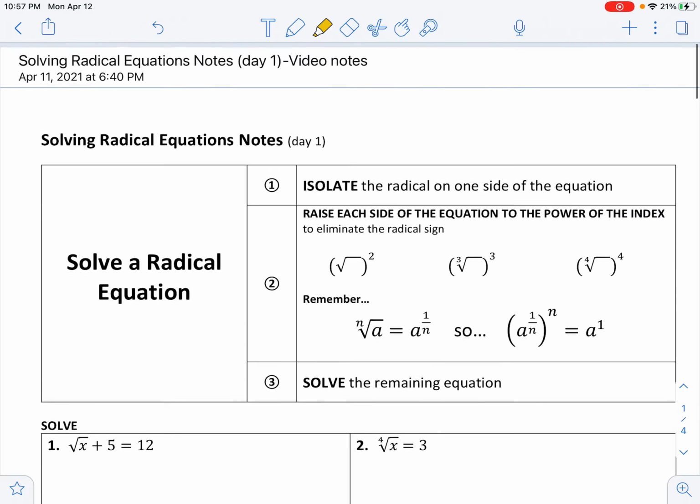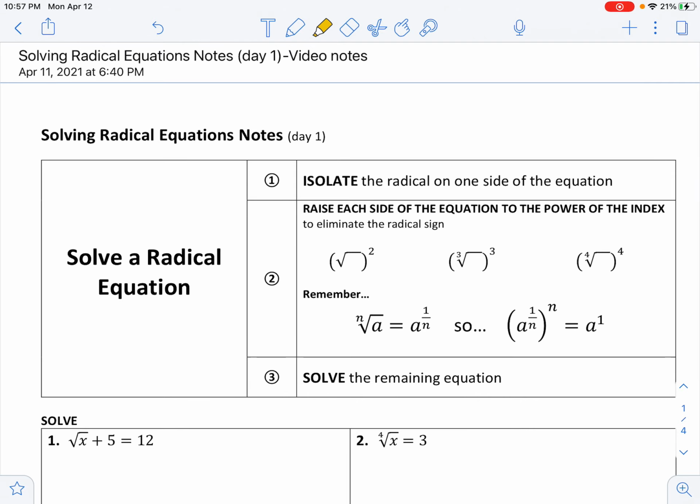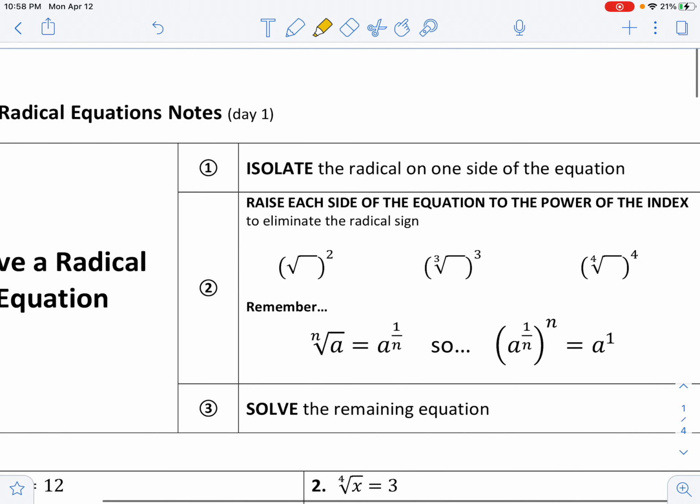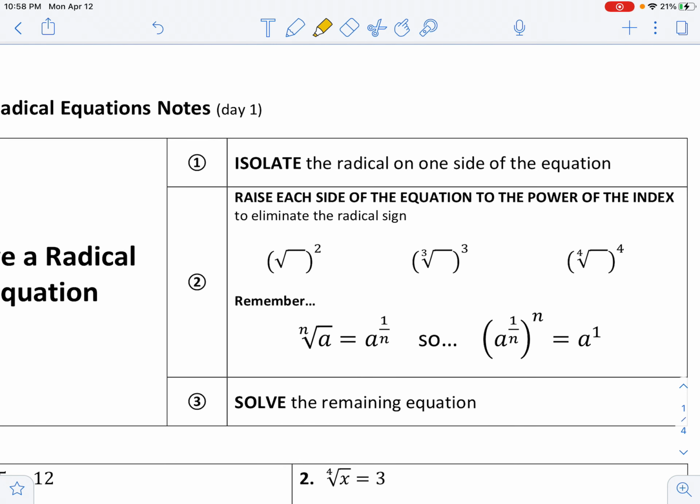All right, so once you do that, then you're going to raise each side of the equation to the power of the index. So a square root will get raised to the second power to undo the radical. A cube root will get raised to the third power to undo the radical.